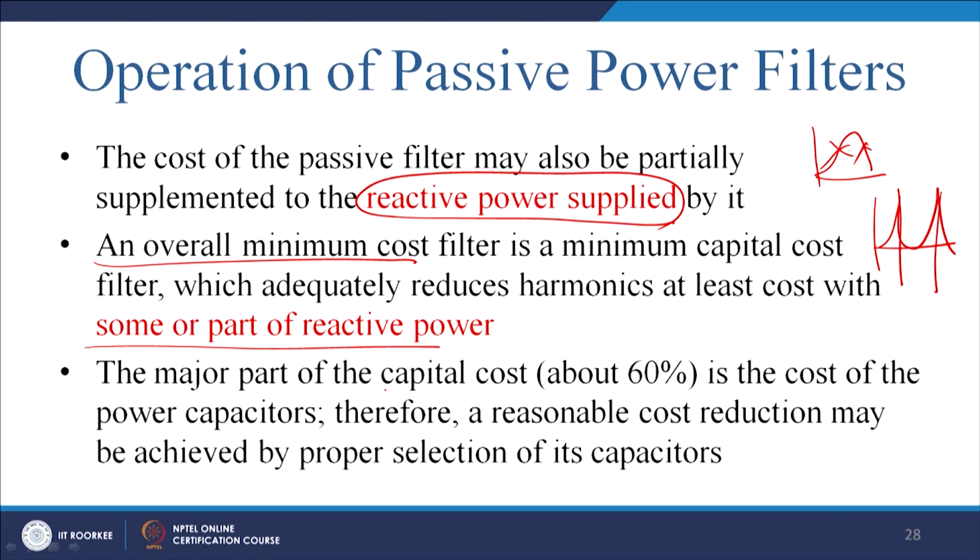The major part of the capital cost, about 60%, is the cost of the power capacitor. As I told you, this has to be connected with the reactive power compensation, and thus it has been connected to the high voltage line most of the cases, or it sees the total voltage.